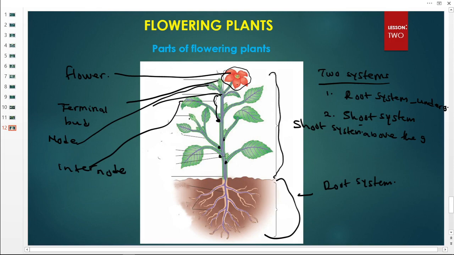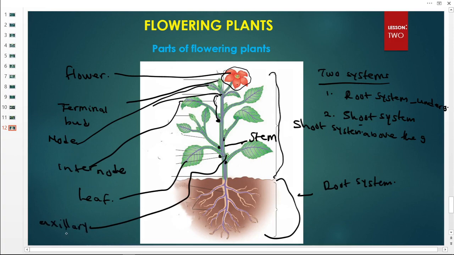Then from there we have this one. This one is what we call a leaf. Then here, this one is the stem. Then we have this bud here, and this bud is called the axillary bud.